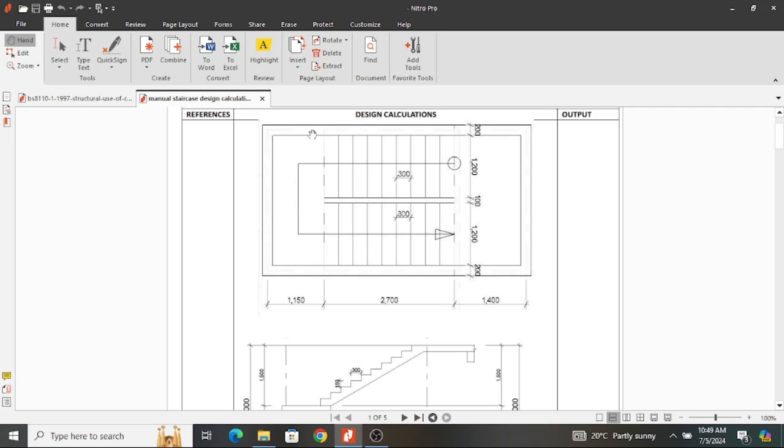If there is nothing supporting it, if you design like that, you'll be making a mistake. In that case, you're supposed to still treat it as a one-way spanning slab, cut it at that section, and then get the total loading and determine the way it is going to load this beam at this edge and the beam on the other landing.